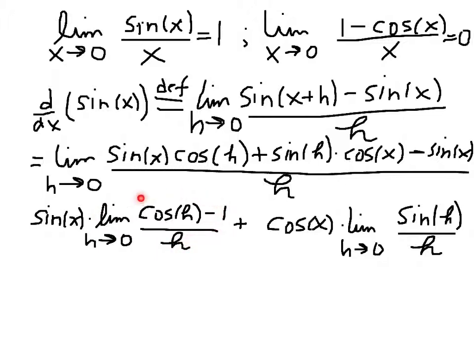Okay, so now you see why we looked at those two limits. This limit is 0, and this limit is 1. So here we go. This is 0, this is 1, and so therefore this limit simply reduces to cosine of x.